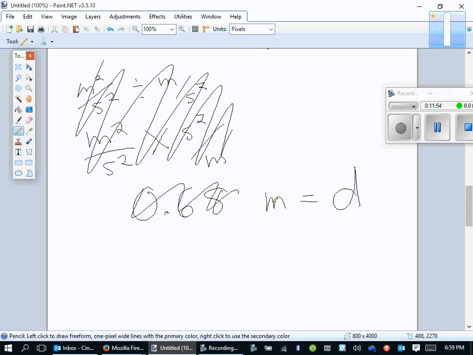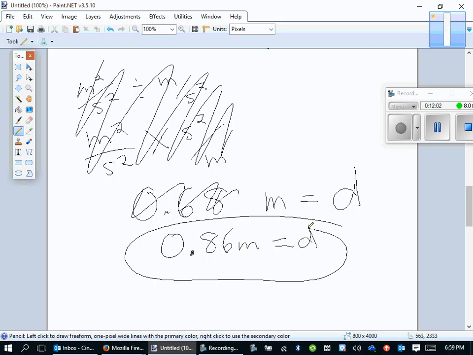I can't use an eraser on this program, and I'm not sure why, but we will make do until my computer gets fixed. 0.86 meters is my displacement.